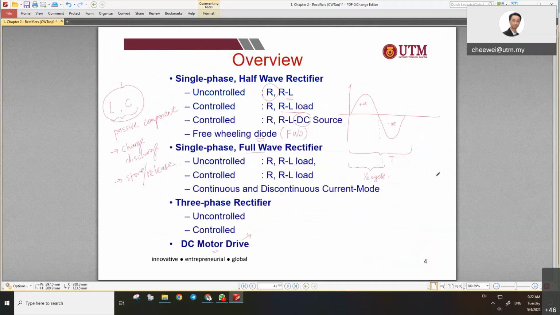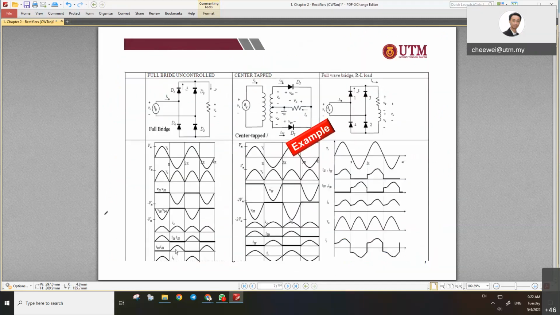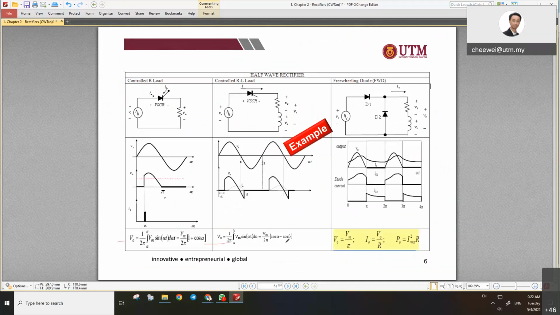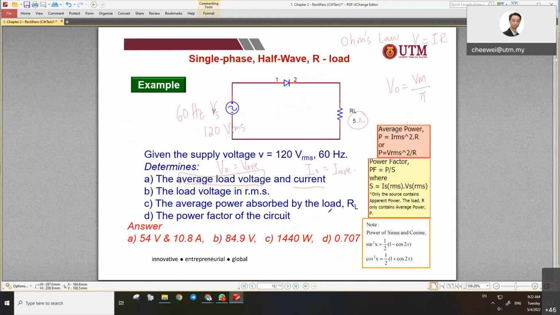That's why you need the cheat sheet. You see the V out, V out, V out. Yes, you need a summary table so that you can remember them easily. You see that all the V outs are not the same. So here V out for this case is Vm over pi.